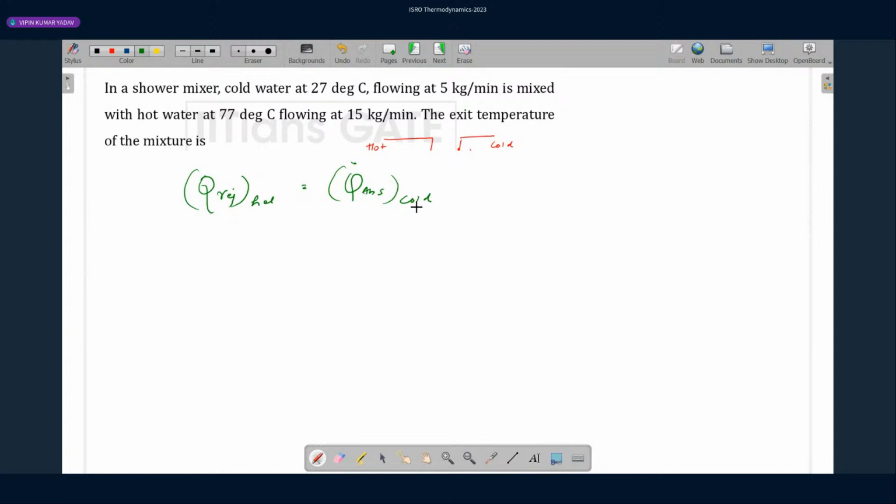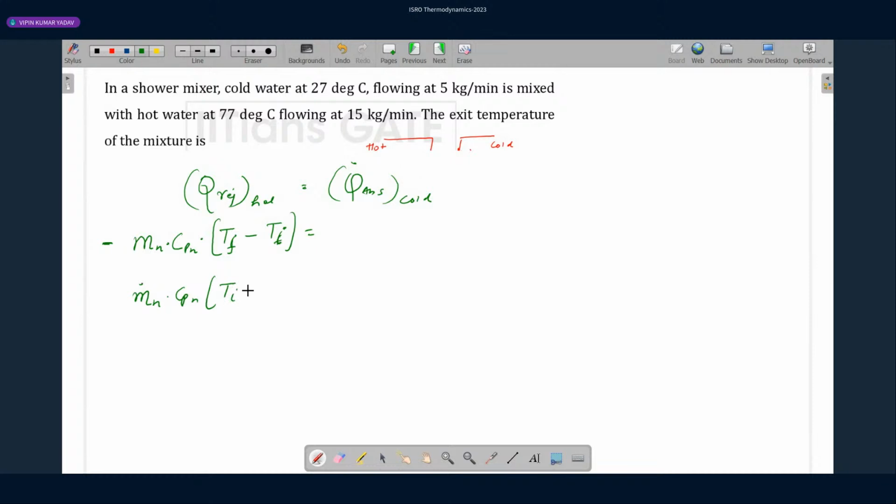Now how much heat is rejected? m_hot Cp_hot into T initial minus T final. Basically it should be T final minus T initial, but it is rejecting, so I put a minus here.